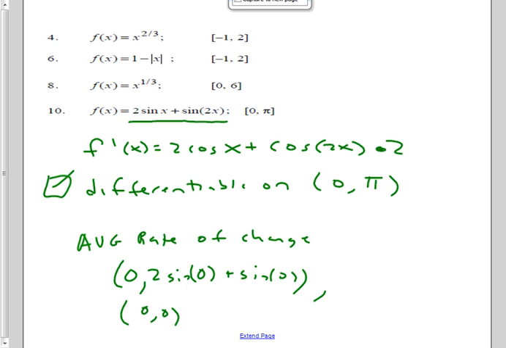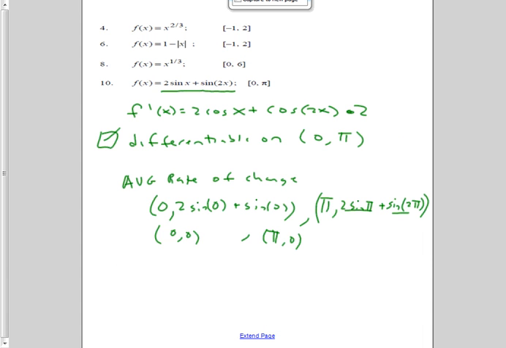And my other point at pi is going to be 2 sine pi plus sine of 2 pi. Well, that's 0, so we get the point pi comma 0. So the average rate of change is going to be the change in y over change in x, which is just 0.